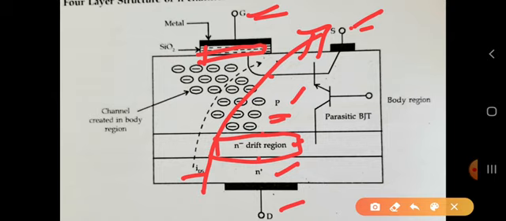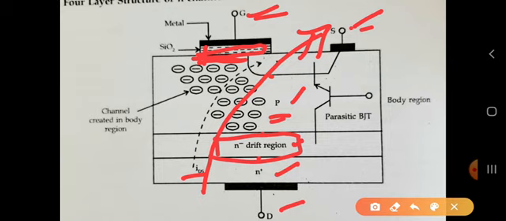Here I can show you, as soon as you give the supply voltage to the gate and source terminals, this SiO2 layer acts as an insulator, but immediately beneath this SiO2 layer, at the P type layer, at that point the energy is going to be created.